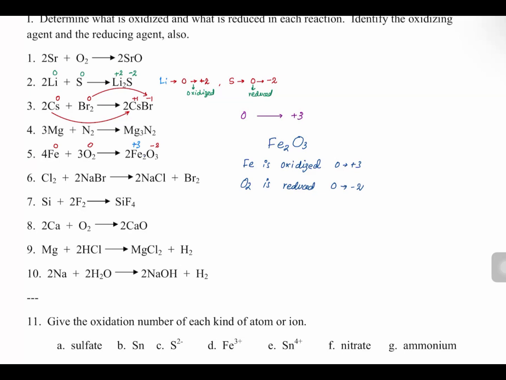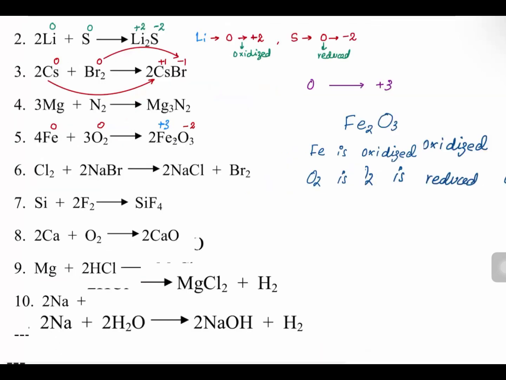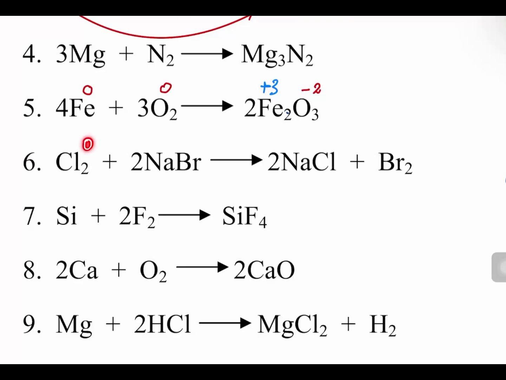Basically, this is 0. And this is in group 1, so this is +1. This is in group 7, so this is -1. This is in group 1, so this is +1.